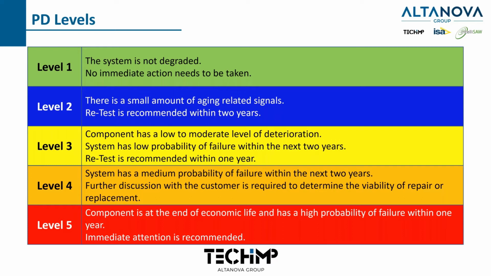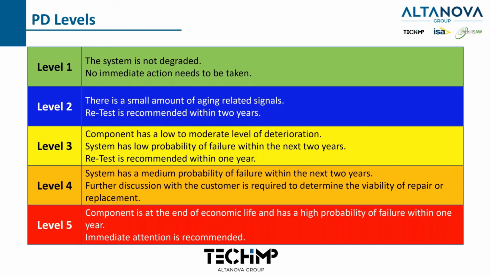We'll assign a level. Level 1 and level 2 is basically you're good to go, really no discharge, and you should probably retest within 2 years to make sure that's still the case. Once we get to level 3, then we have a concern. Now, at level 3 no action is required, and if it stays a level 3, again, no action is required.